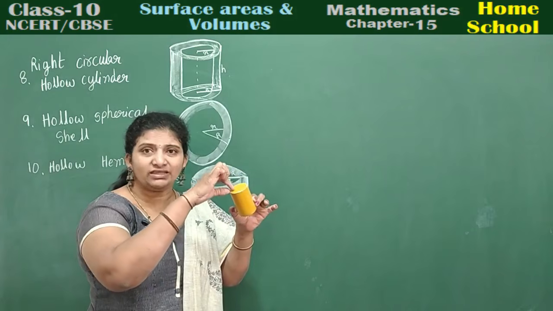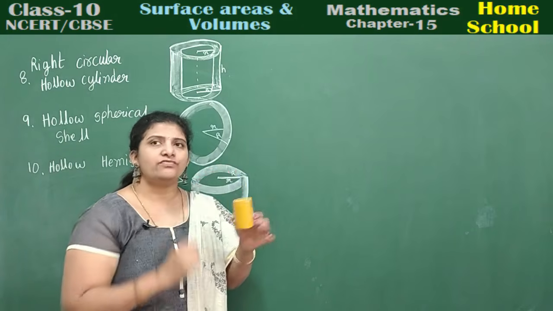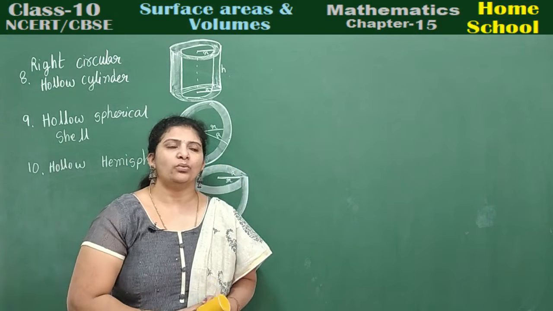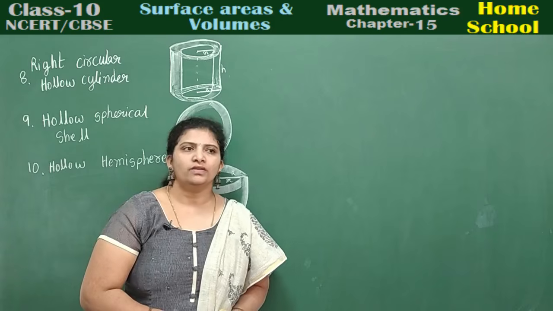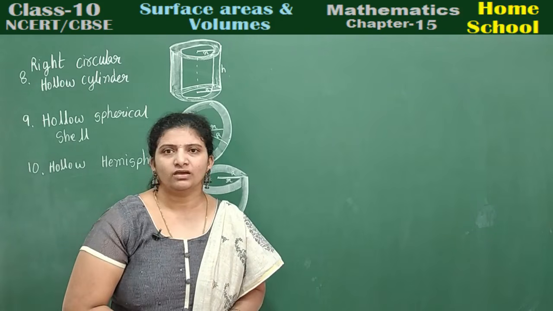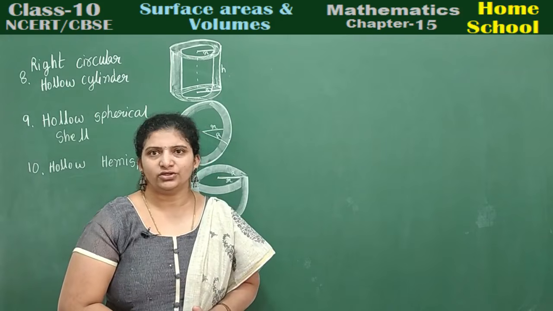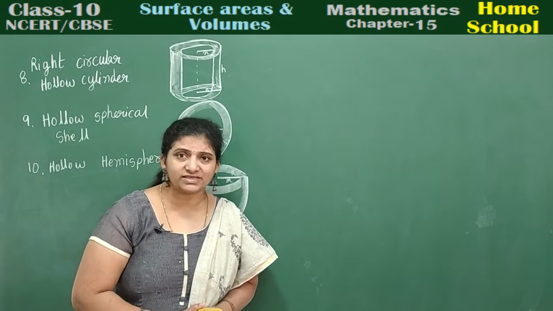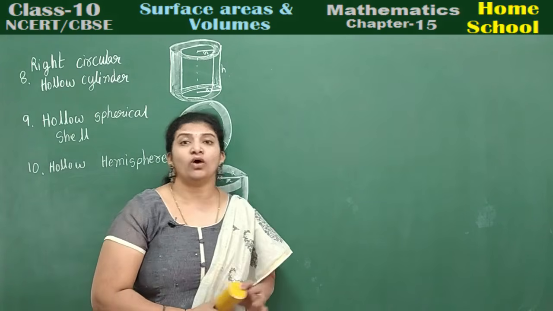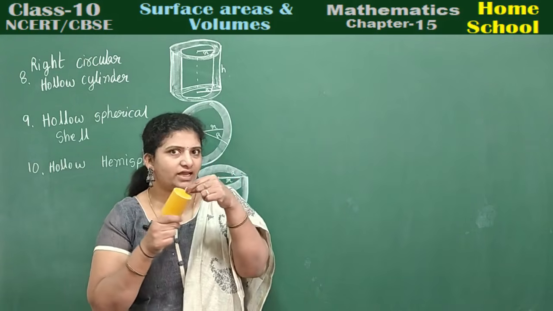It will be having a thickness. For example, where you can see this: water pipes they make with cement. Do you remember? Anyway, you have seen that cement water pipes have thickness.